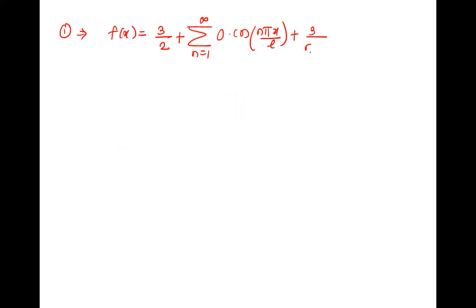And therefore, f of x is equal to a naught, 3 by 2, plus summation, an is 0, right? 0 into cos n pi x by l. An cos plus bn is 3 by n pi, 1 minus minus 1 raised to n into sine n pi x by l.